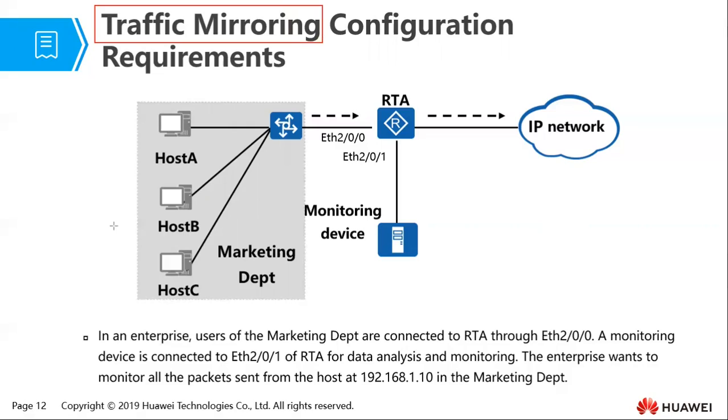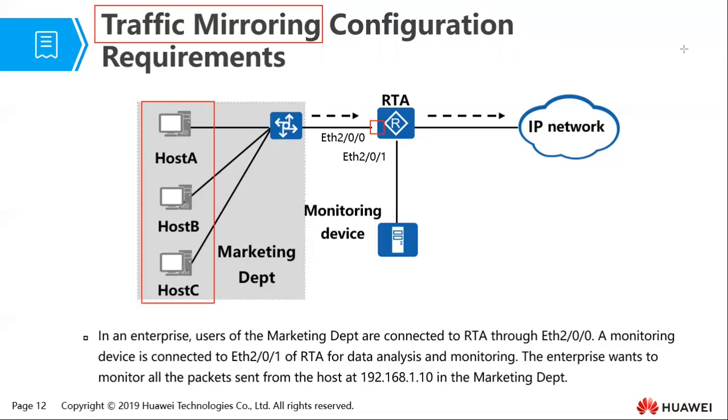The difference between port mirroring and traffic mirroring is that with port mirroring, if we mirror this particular port, then we are going to copy to the observed port every data flow that passes through this particular port. So that is port mirroring. We are going to copy every packet that comes from the marketing department.